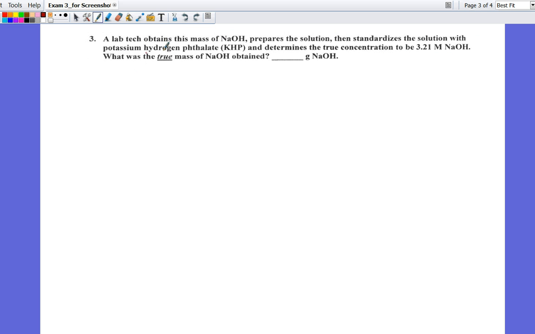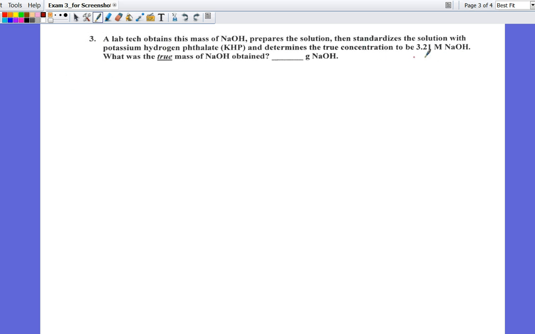But when you look at this number, this is its true concentration. So you have to see how much sodium hydroxide would be weighed out to get this 3.21 molar concentration. So that's moles per liter, right?